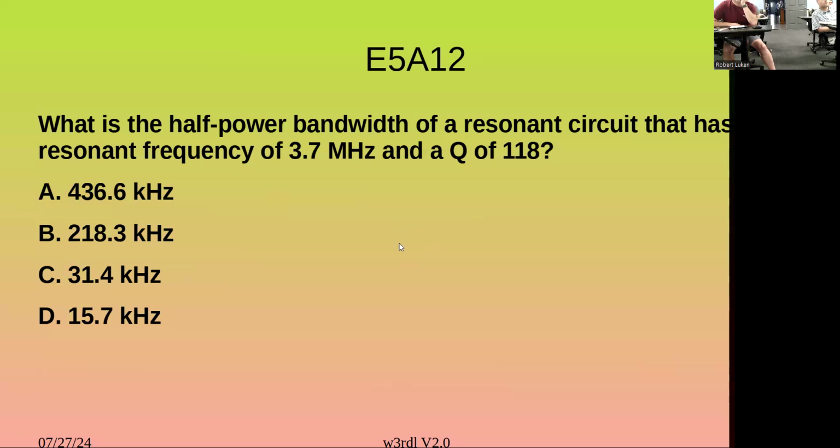What's the half power bandwidth of a resonant circuit that has a resonant frequency of 3.7 megahertz and a Q of 118?